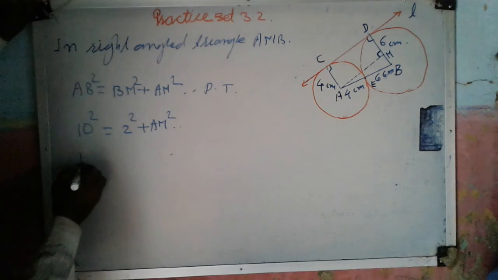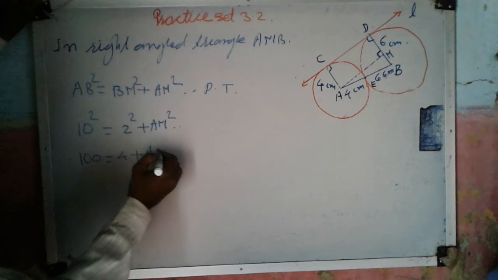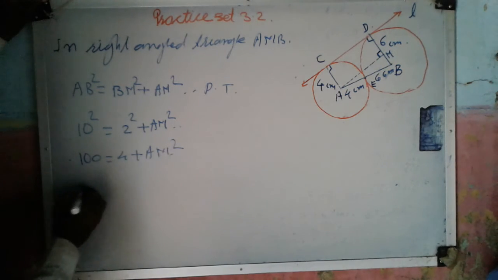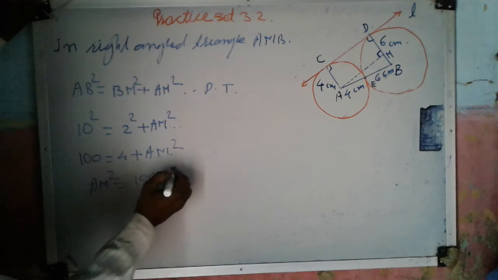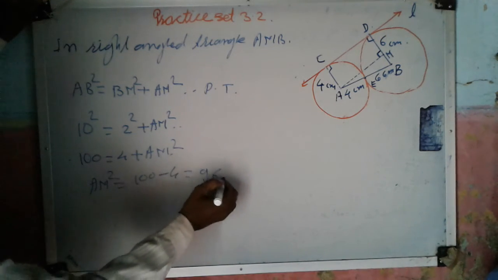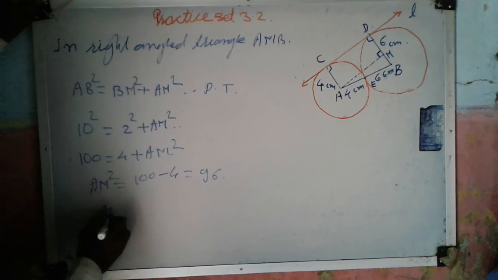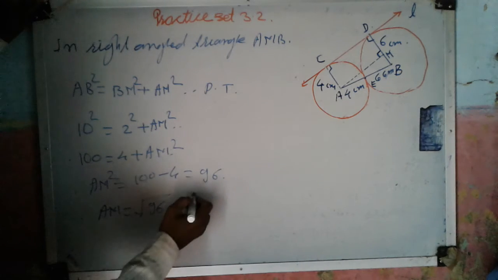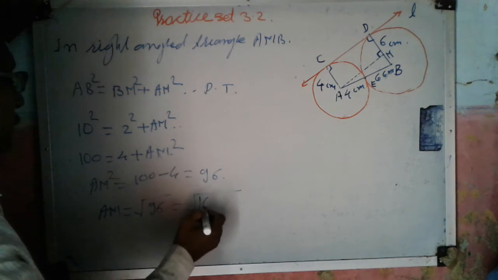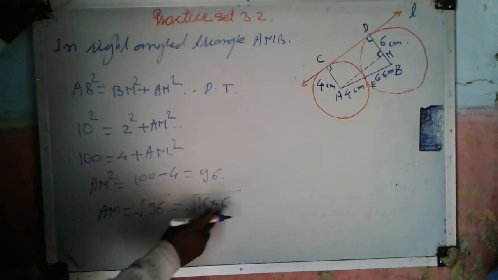Therefore 100 is equal to 4 plus AM square. Therefore, AM square is equal to 100 minus 4, which is 96. So taking the square root of both sides, we get AM is equal to square root of 96. That is equal to square root of 16 into 6. Factors of 96 are 16 and 6.